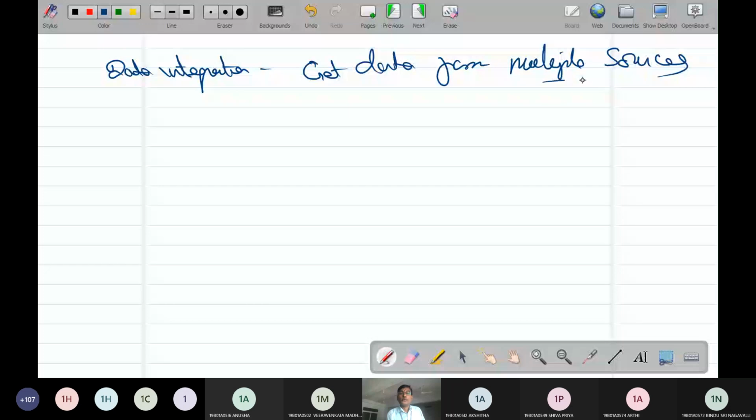Now we need to bring in the word data transformation. Data transformation is a unique scale for all numeric values. For all the numeric values, we need to bring a unified way, a unique format.